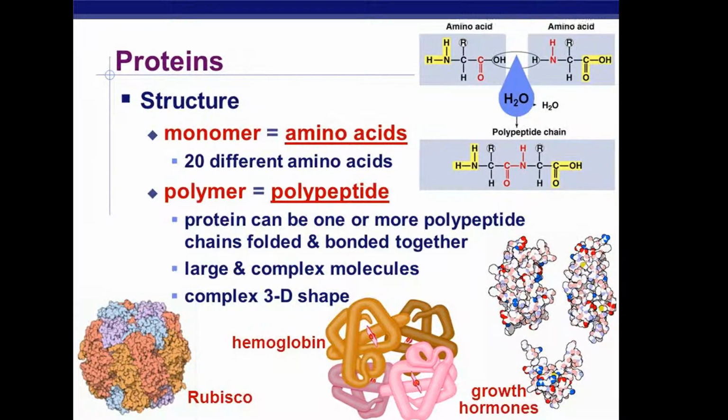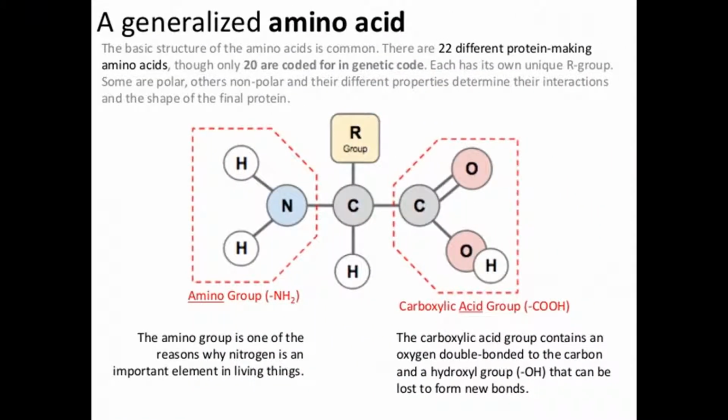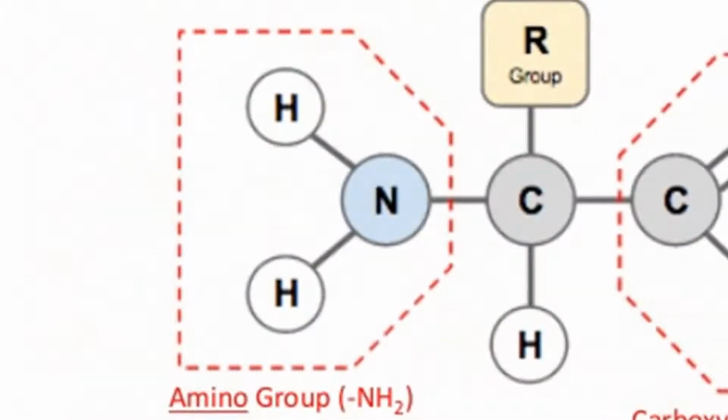Amino acids have a central carbon atom to which an amino group, a carboxyl group, a hydrogen atom, and a side chain, R group, are attached. You can now see an example of an amino acid on the screen. There is a central carbon atom with 4 things attached to it. The central carbon atom is bonded to an amino group on one side, NH2.